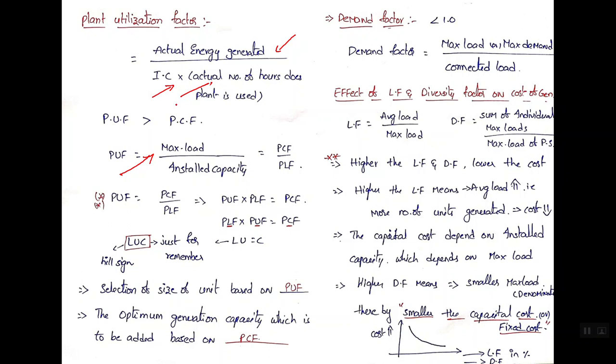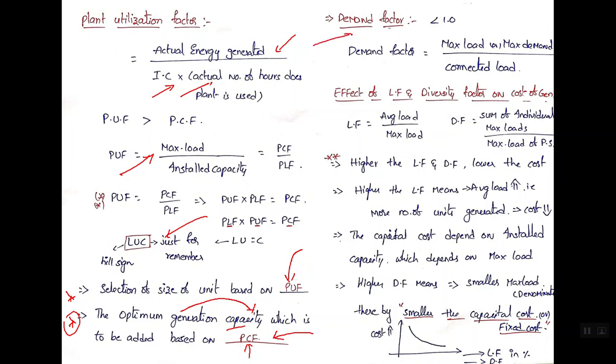That is nothing but utilization factor. I have given the trick also here. Another important point is that the selection size of the unit is based on PUF, and the optimum generation capacity to be added is based on PCF, friends. Capacity based on capacity factor. In that way you can remember.